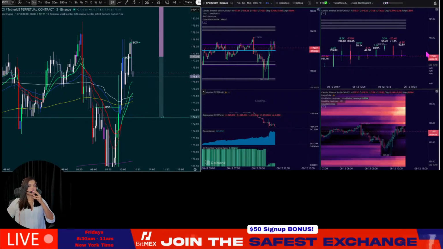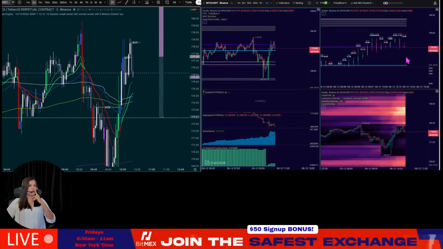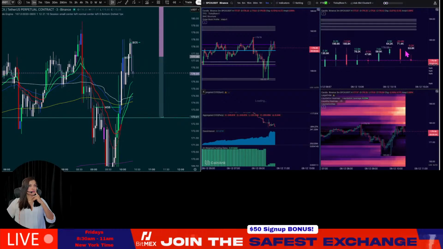There is a lot of selling, but so far, so good. The delta here is telling me there's a lot more selling in the last 6 minutes than there was buying. High volume on the selling.